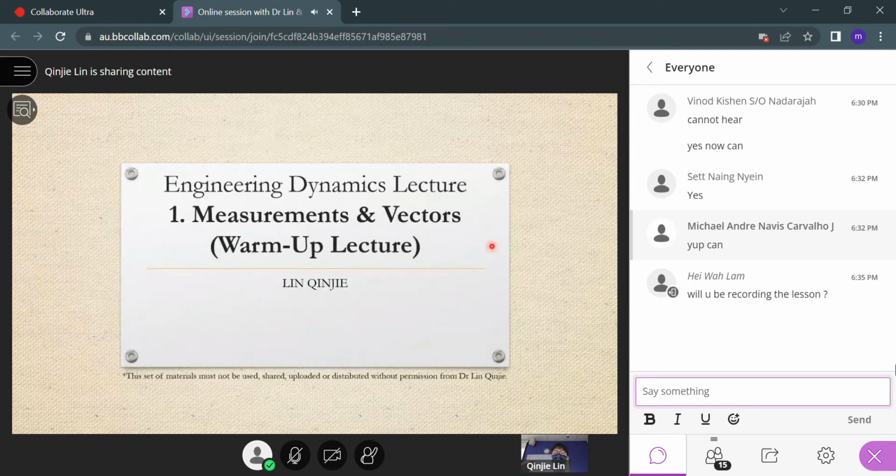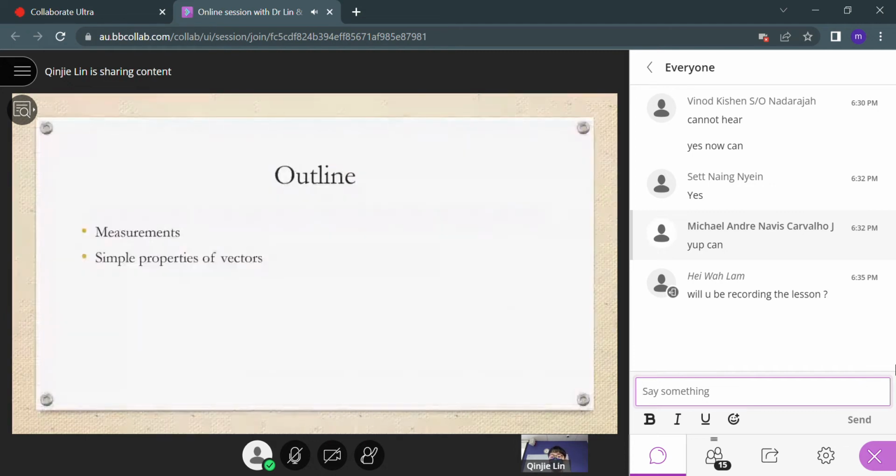So measurement and vectors is quite a warm-up lecture for you all. It's some recap of what you all had learned before. Whatever is learned in topic one is actually quite core knowledge that we'll be using throughout the course.